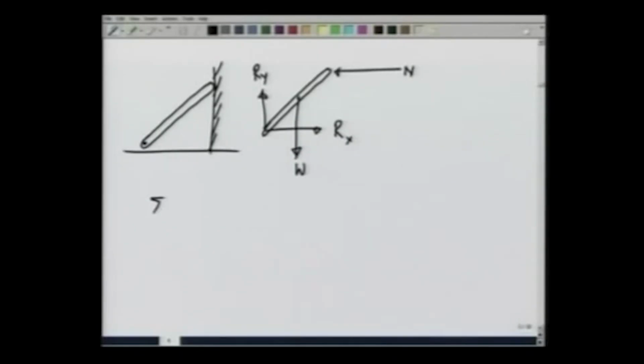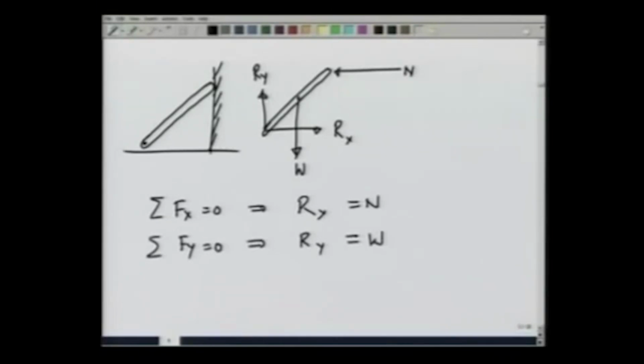The equilibrium condition summation F x equal to 0 gives R x equals N. Summation F y equal to 0 gives R y equals W.